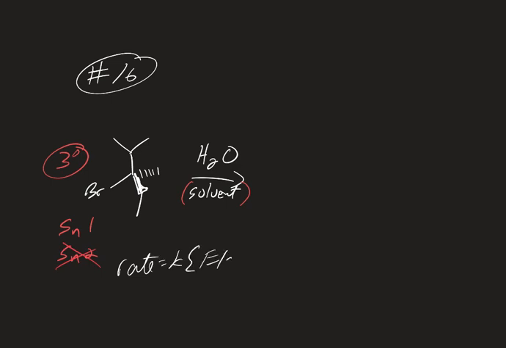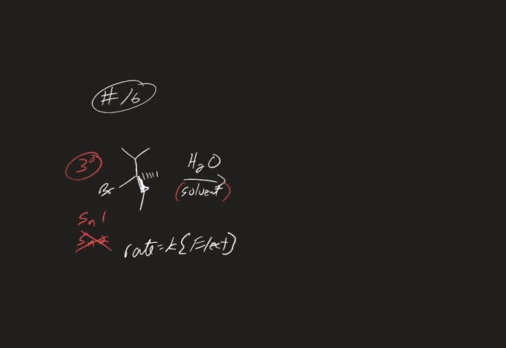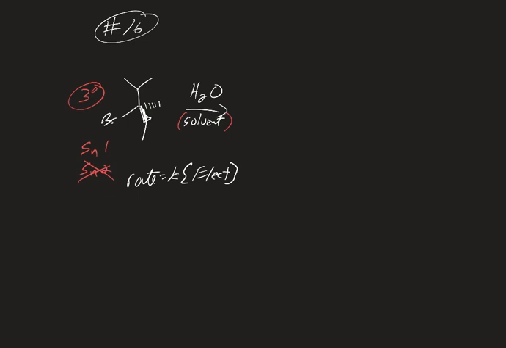Only determined by the concentration of the electrophile. So SN1 doesn't really want a reactive nucleophile, right? So what's the first step in this reaction? All right, the first step is going to be the leaving group leaves.